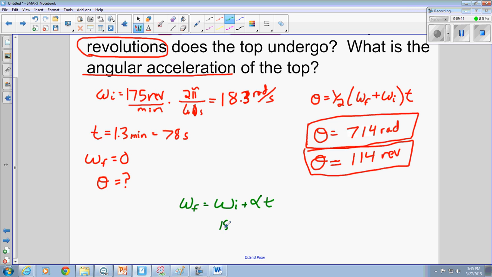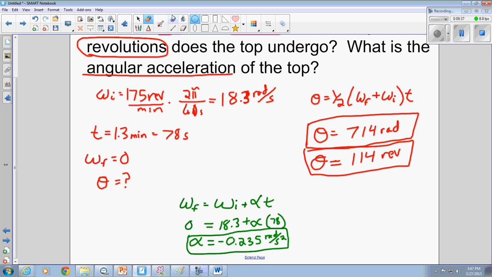So this is 18.3, this is what we're looking for, time is 78 seconds, and this is 0. And we solve and get our angular acceleration is negative 0.235 radians per second squared.